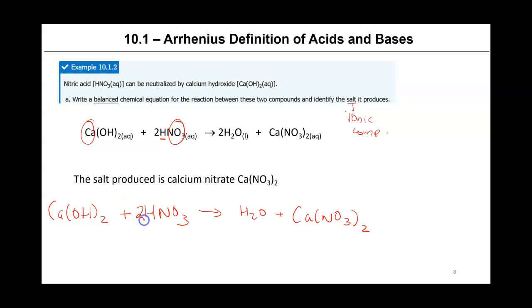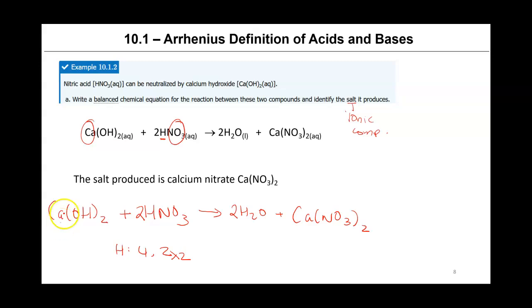So I'm going to go and put a 2 there. And at this point I realize that my number of hydrogens is not balanced. I have 4 hydrogens on the left and only 2 on the right. So I'm going to need to bump that up to 2 there. There we go. And now when I look at it, everything balances.